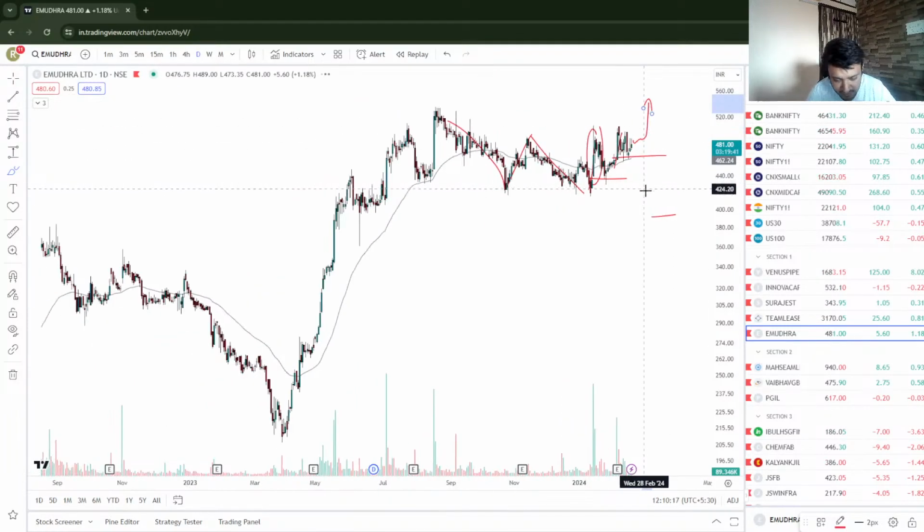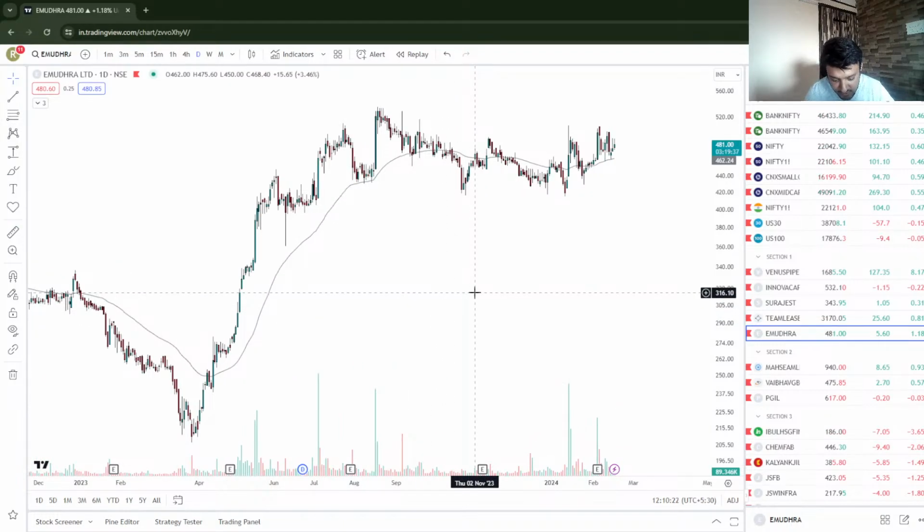All right. So the basic structure of a swing trade should be: you want to be in the broader market direction first of all. If you're not with the broader market, you will fail.